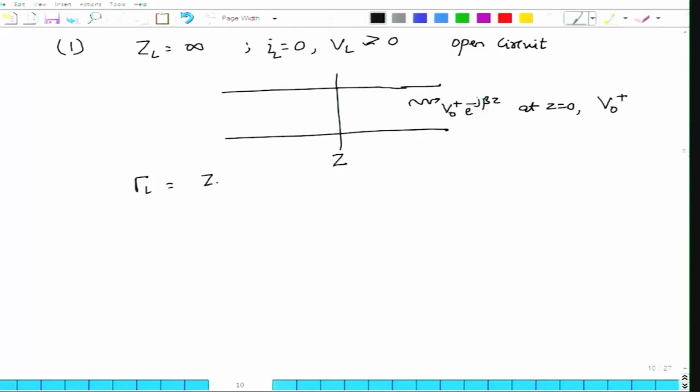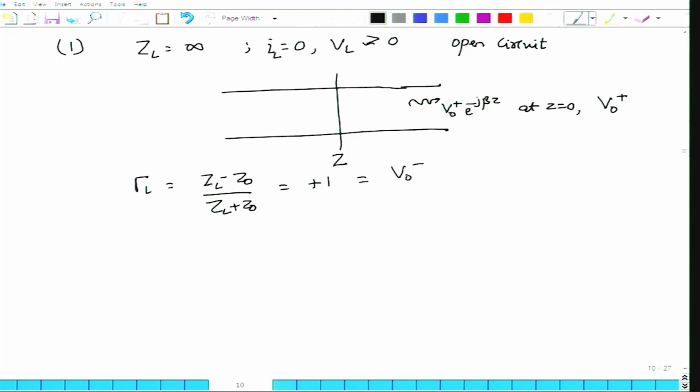You can see that by going to the load reflection coefficient expression, gamma L is given by ZL minus Z0 by ZL plus Z0, which clearly gives you plus 1. Gamma L of plus 1 means full reflection, and gamma L also turns out to be a real number here. And remember, what is gamma L?